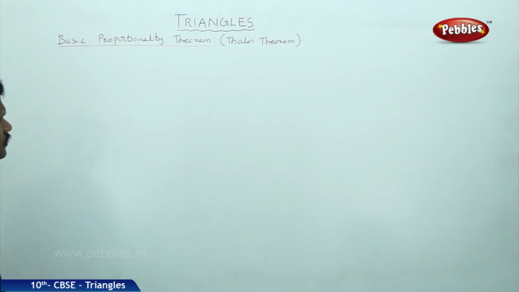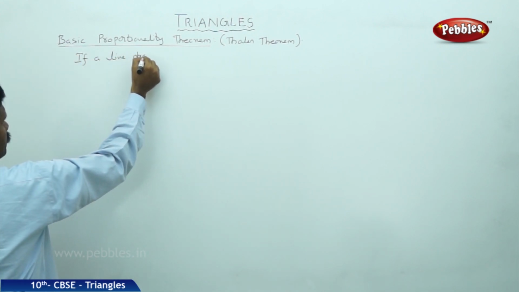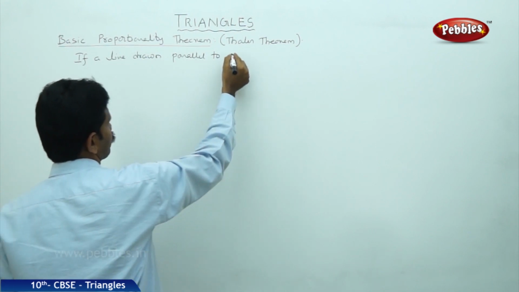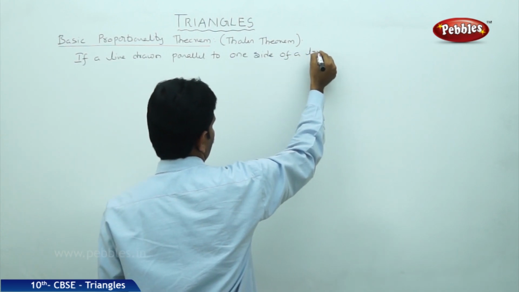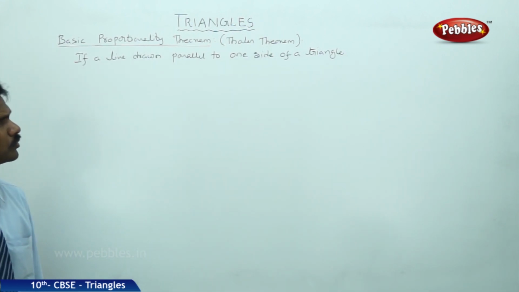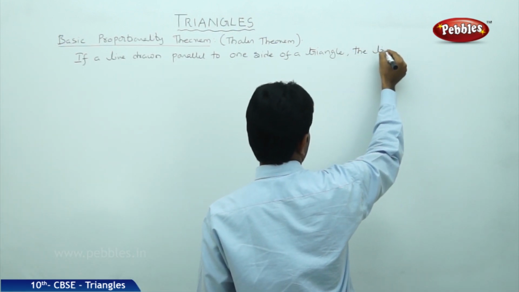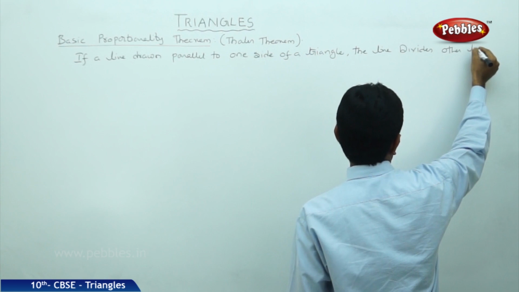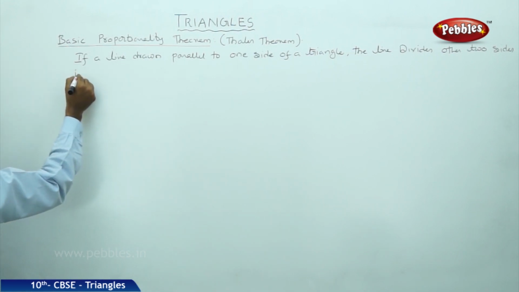That is, if a line is drawn parallel to one side of a triangle, the line divides the other two sides in the same ratio.